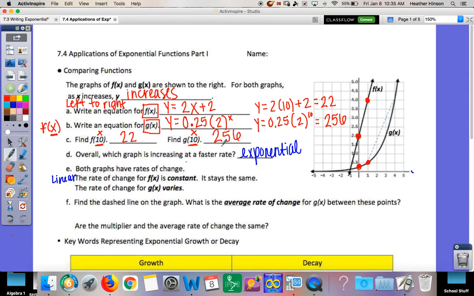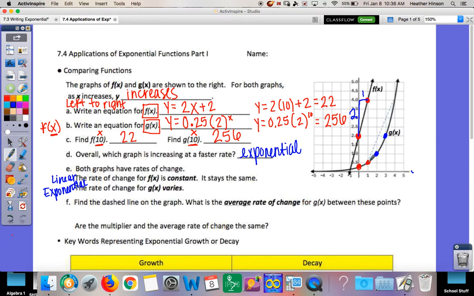So that one stays constant. That one's always going to go up 2 over 1. It's always going to be the same. For the g of x, for the exponential, that's always going to vary. That means your slope, a rise over run, is always going to be different. Like we had the 0.25 and 1.